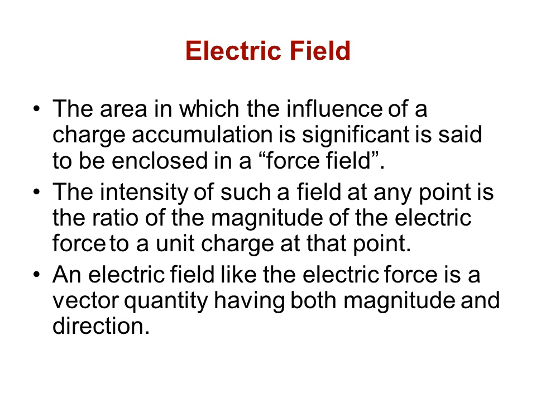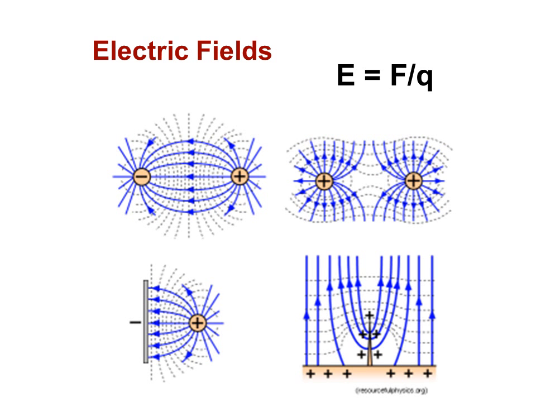The area in which the influence of a charge accumulation is significant is said to be enclosed in a force field. The intensity of such a field at any point is the ratio of the magnitude of the electric force to a unit charge at that point. An electric field, like the electric force, is a vector quantity having both magnitude and direction. Here are some pictures of electric fields represented by lines of force, which show the direction and, to some extent, the magnitude based on their density, that is, how close they are together.